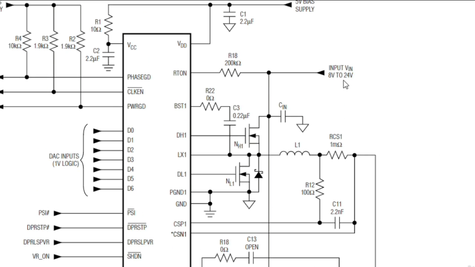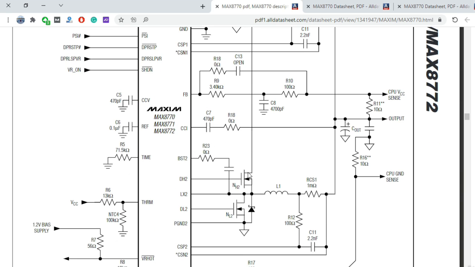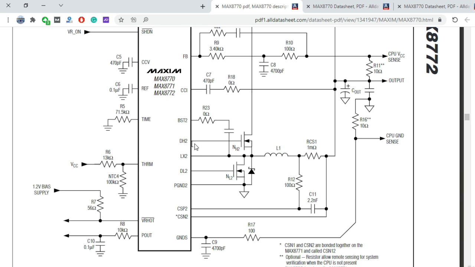As you see, we have V in here, and then it will be activated. We have here drive high 2, this is the second drive high 2, and here we have drive low 2 for this MOSFET also. Here we have inductors, as you see, and we will get here the output, always the same output. The output is the VCC core for the processor.